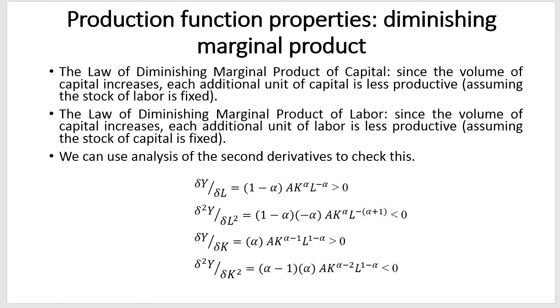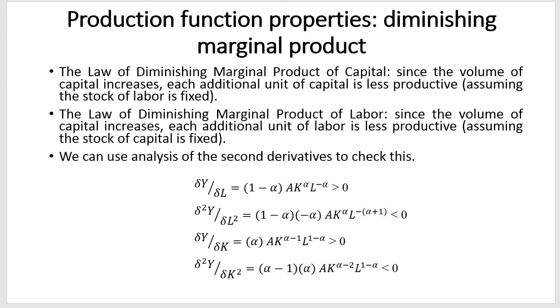So the contribution associated with each additional unit of capital becomes smaller and smaller. Under the law of diminishing marginal product of labor, if we assume that the stock of capital is fixed, then each additional unit of labor is less and less productive.